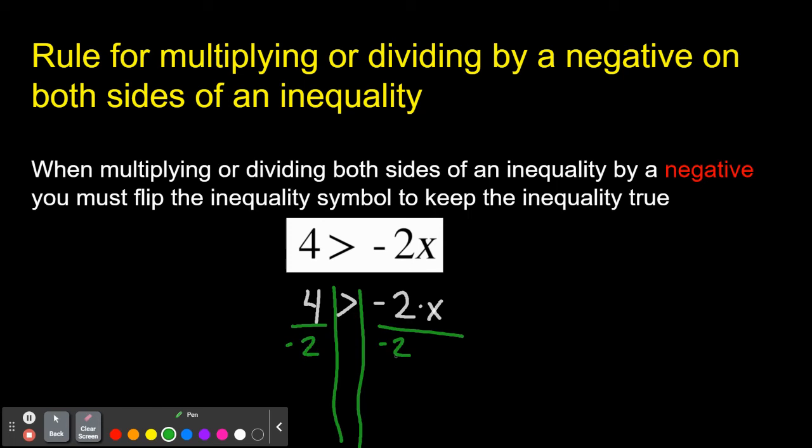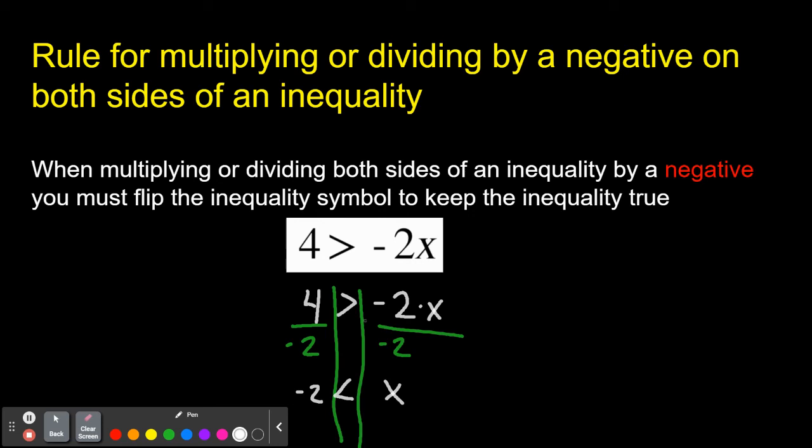Alarm bells need to be going off when you're multiplying or dividing by a -2. That tells you that we need to flip this inequality symbol.